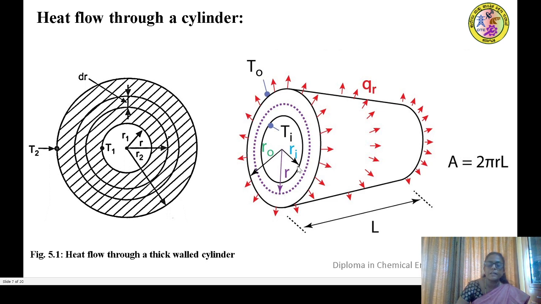Inside radius is Ri, outside radius is Ro, inside temperature is Ti, outside temperature is To. As Ti is greater than To, we can expect the heat to flow from inside to the outside of the pipe, as indicated by the red colored arrows in the diagram. Assume that the length of the pipe be L meters. Now the area of heat transfer for the given situation is A equals 2 pi rL.